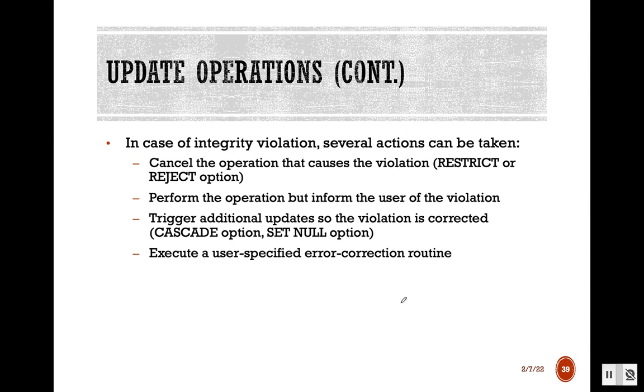Now what happens if we write an update operation that is going to violate a constraint? First of all, we do not allow an invalid state of the database. Our database cannot go into an invalid state; it has to always maintain the valid state. For example, I am writing an update operation that, if executed, is going to violate a constraint.